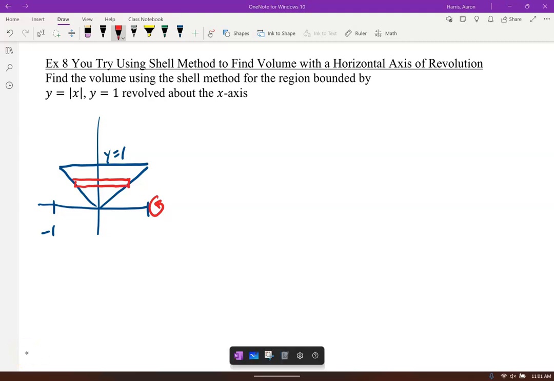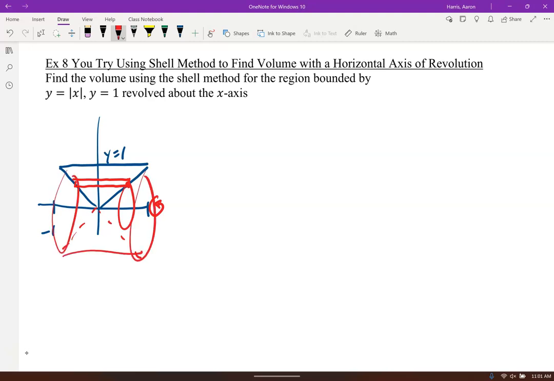So let's get the visual on this thing. We're spinning that, right? So down here, all these being spun. You can see you got that hole there in the middle. And then let's talk about our shell radius, which is y.